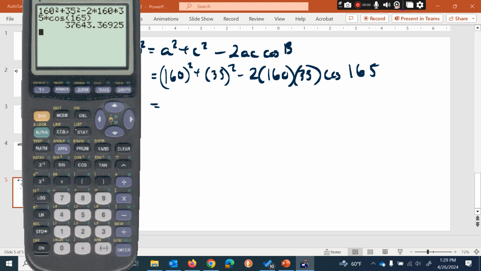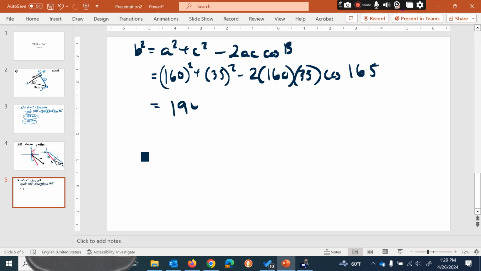Okay, then remember we still have to take the square root of that. Square root of our answer. Close it off. Boom. Okay, we have an airspeed of 194 miles per hour. That's what we're looking at there.